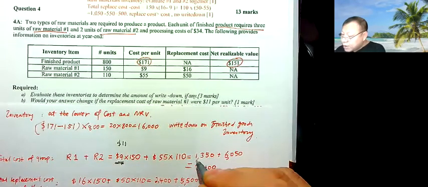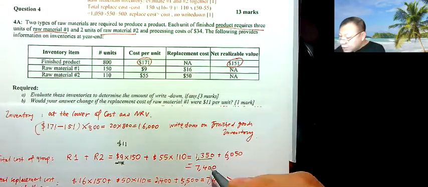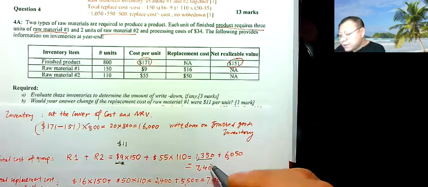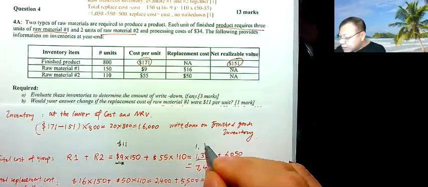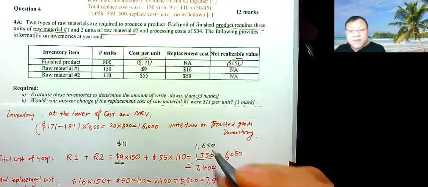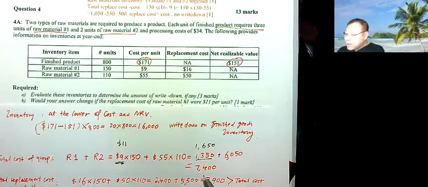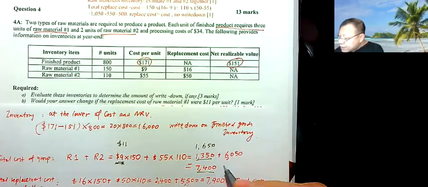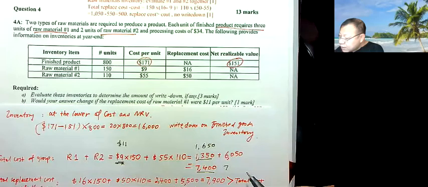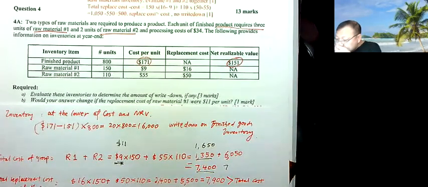So this number is going to be 11. I need to add 300. So 1650. Okay, and this number is going to be 770.